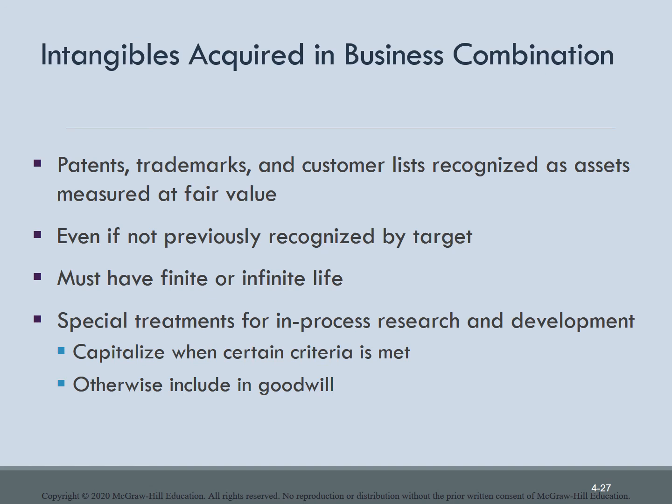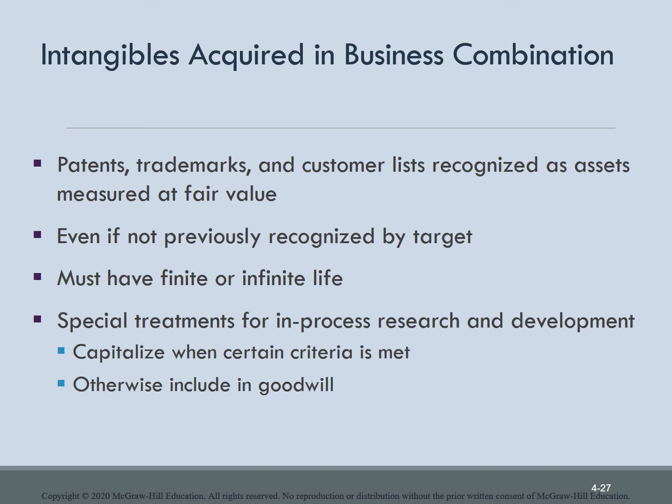Certain types of intangible assets are typically going to be acquired in connection with a business combination. These include patents, trademarks, and customer lists. Under both US GAAP and IFRS, those are going to be measured at fair value, even if they hadn't been previously recognized by the company that you're buying.